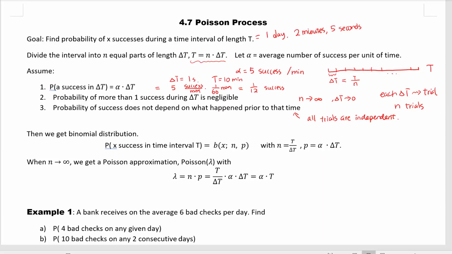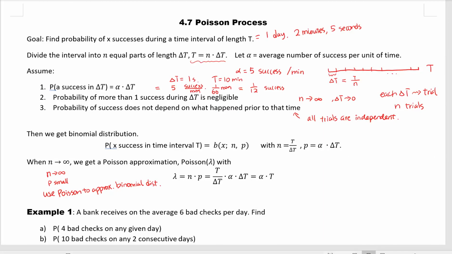When n goes to infinity, from the previous session, we have the law of rare events. It tells us that when n is large and p is small, we can use the Poisson distribution to approximate the binomial distribution, with lambda equals n times p.